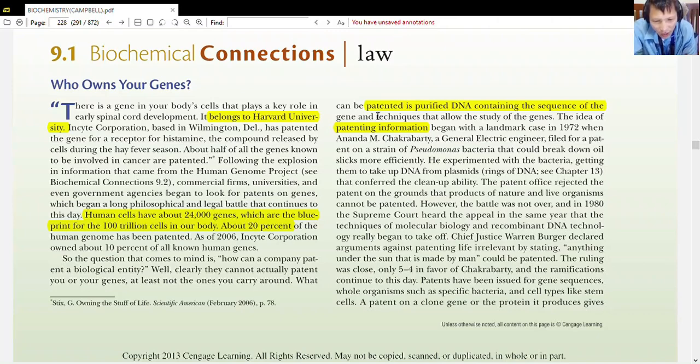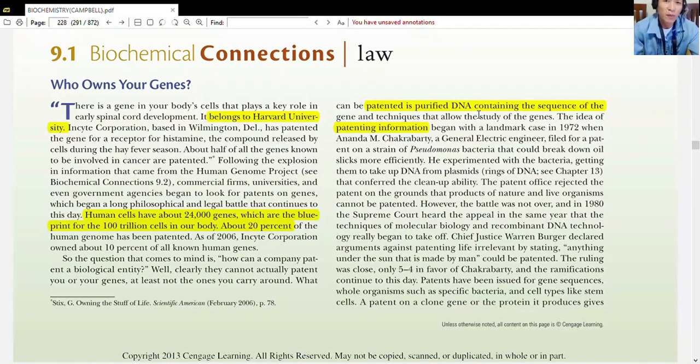And then I also highlighted what can be patented. So it's not really you. If that 20% is inside your body, of course, you cannot be patented. But what can be patented, as I highlighted, is actually the purified DNA. In order to understand the genes, we have to isolate them from the body, because we cannot study them in the body.